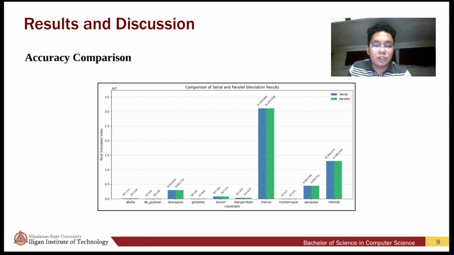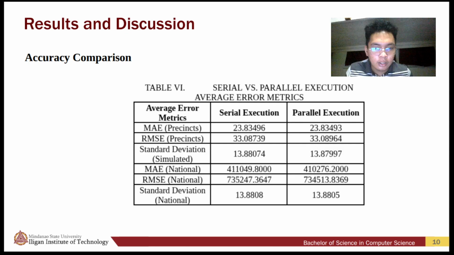Therefore, there were no race conditions or deadlocks that happened during the simulation, and the implementation of parallel execution is successful. Then, to further provide evidence that the parallel implementation is successful, I've run the error metrics again, which I've used to verify the results of the simulation.